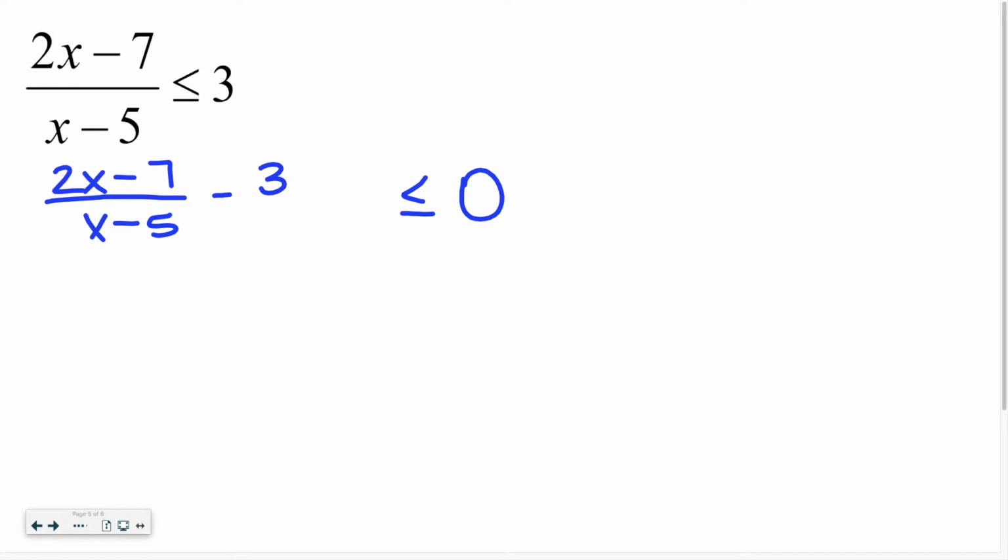But when we have a fraction and we're adding or subtracting another value, what has to be true in order to actually perform that addition or subtraction? We have to have the same denominator. So we need to force this to have the same denominator as this first fraction so that we can actually combine them. If this denominator is x minus 5, then this denominator also needs to be x minus 5.